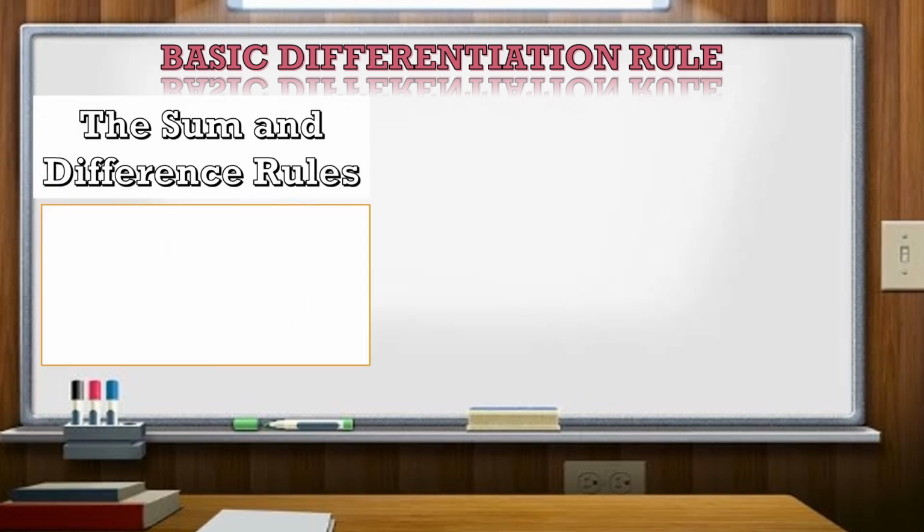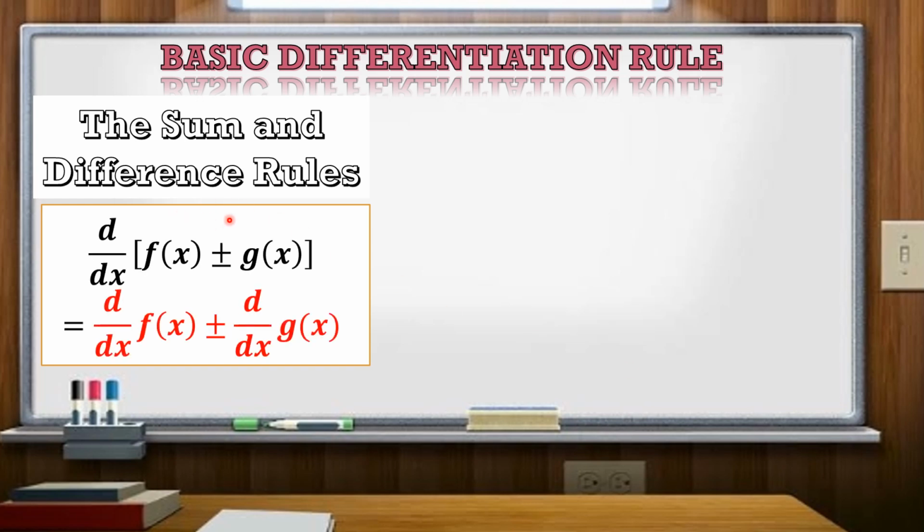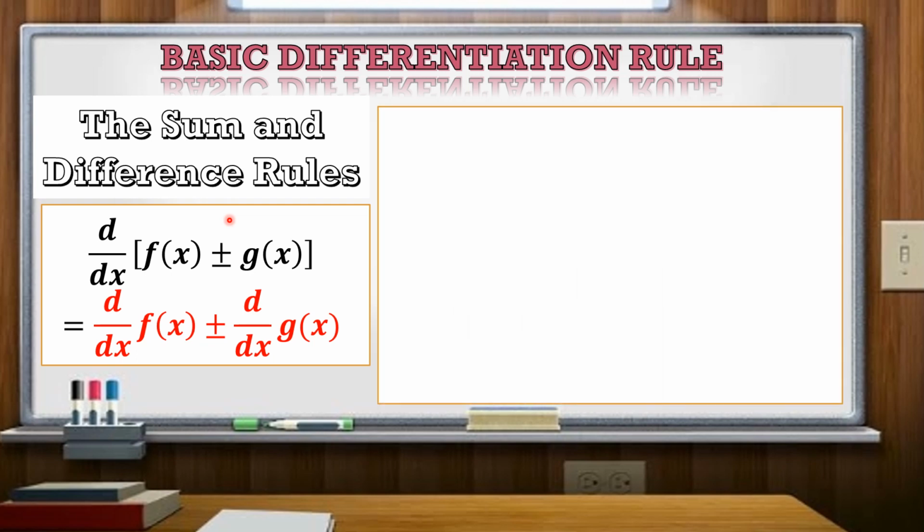Next, the rule is the sum and difference rule. So ito naman, plus and minus. In short, paghihiwalay na natin yung dalawang functions natin. Okay? Katulad ng the sum and difference rules ng limit, ganun din yung gagawin natin dito. Paghihiwalay lang yung dalawang functions, then apply the previous rules when it comes to getting derivatives of the function.